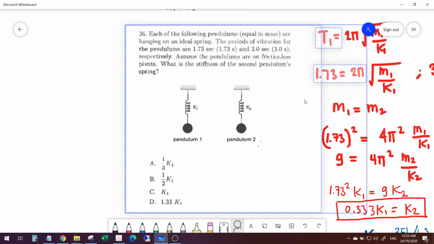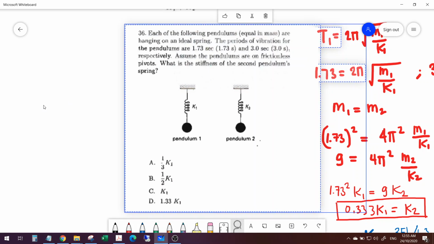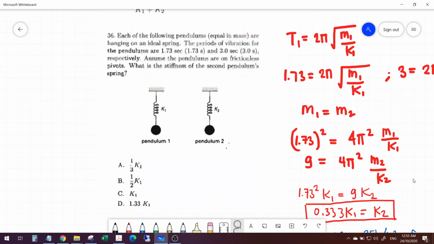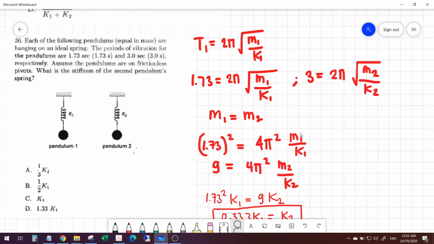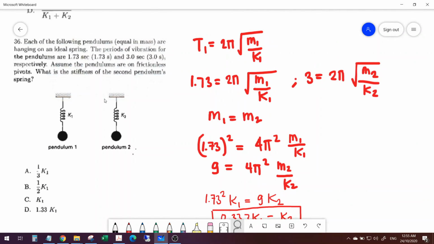Take note that the period of this system is 2 pi square root of m over k. Similar with structures, the period of a building or structure is 2 pi square root of mass over its stiffness.